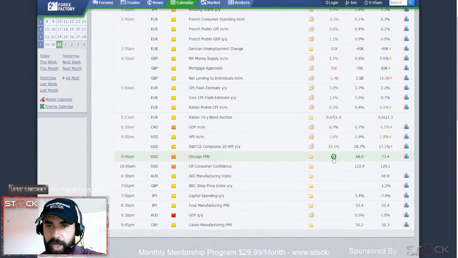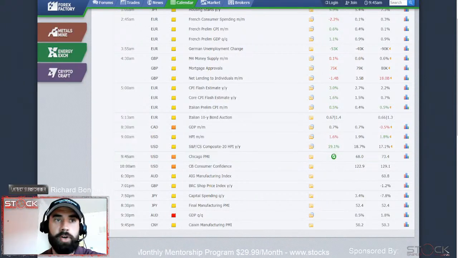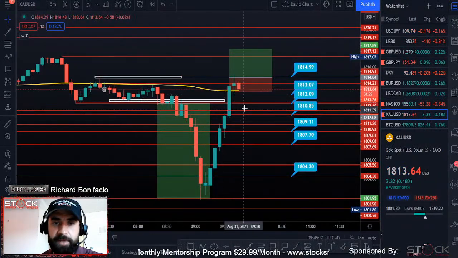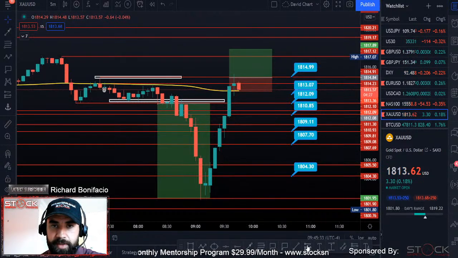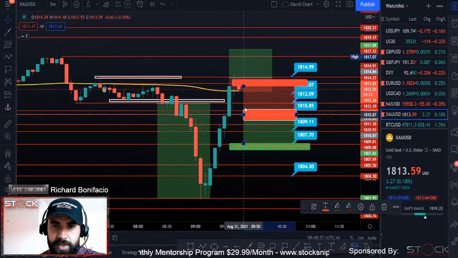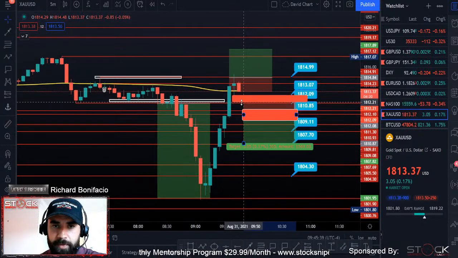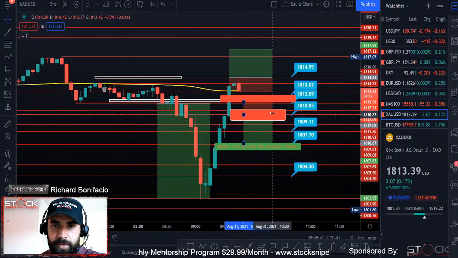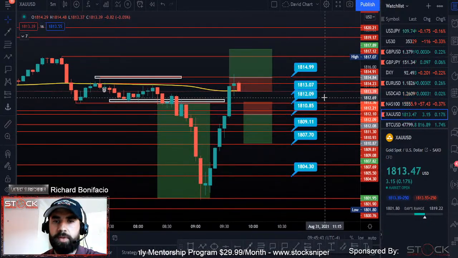Okay, it's just priming up right now. See the green? It's just starting out. So let's wait and see what's going to happen. If it gets rejected, guys, same similar entry as we had before here for a sell. Just wait and see.